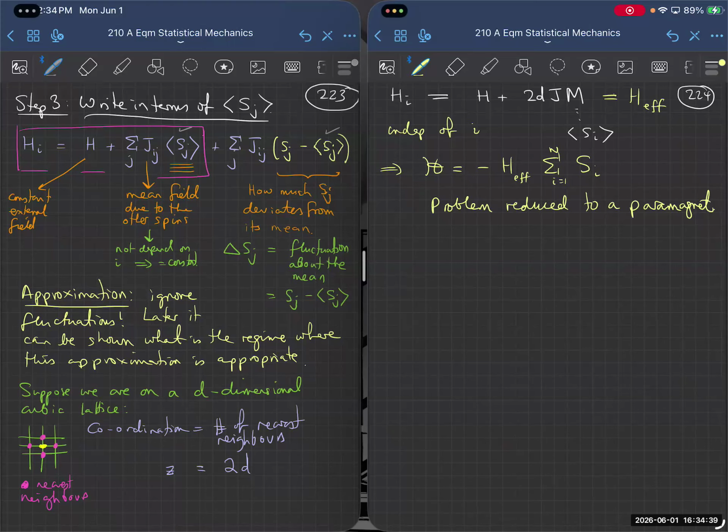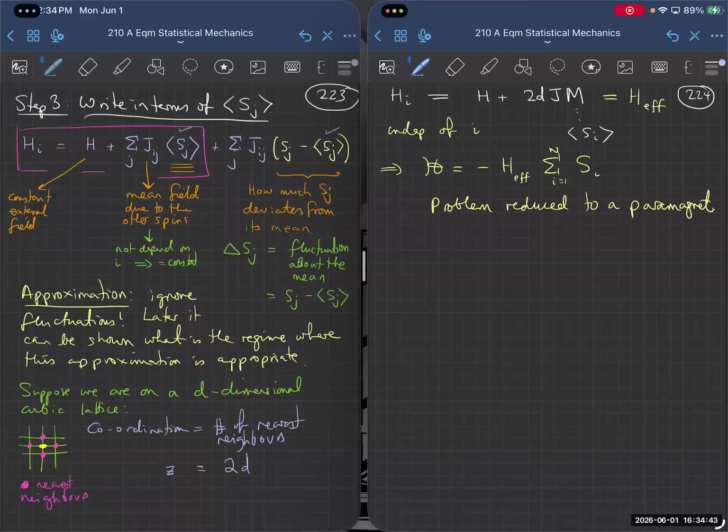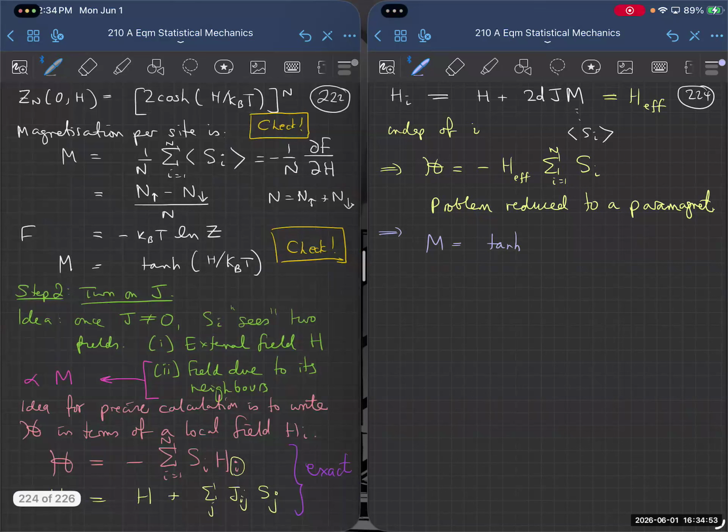And so therefore, once I've got a paramagnet, then I can straight away say what is the magnetization. So that implies then that the magnetization is the hyperbolic tangent. Let's go back to the formula on this previous page.